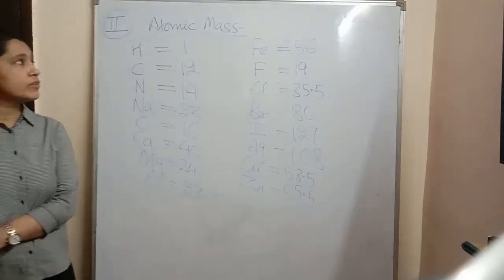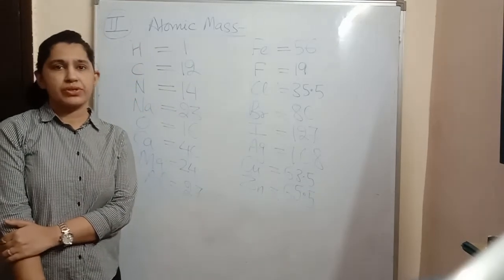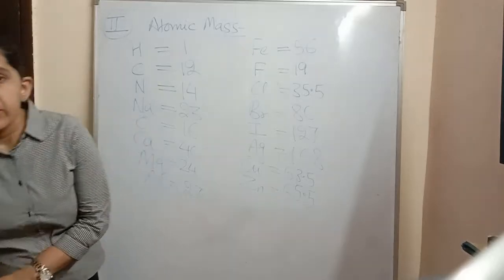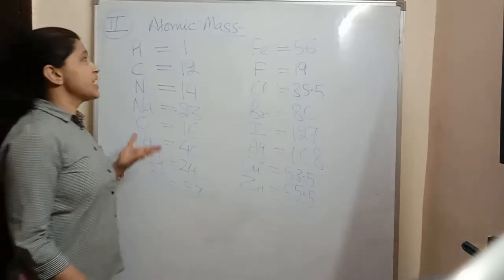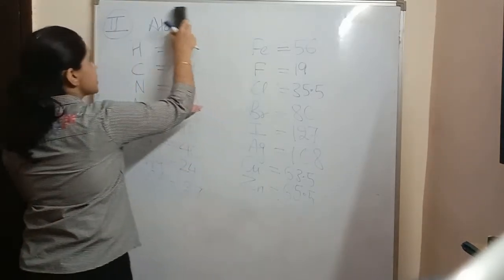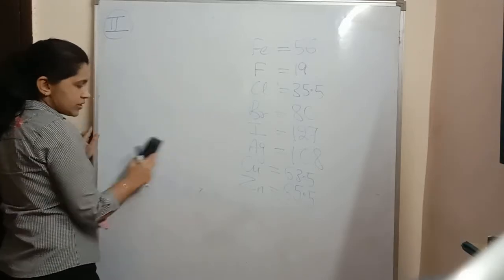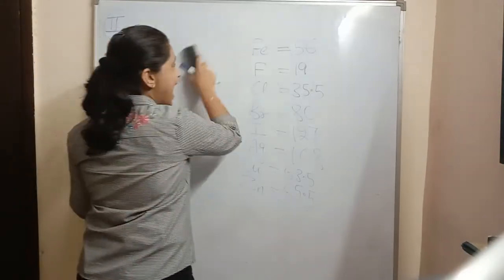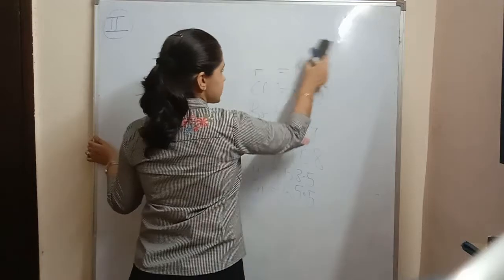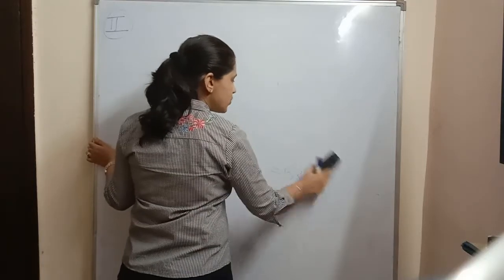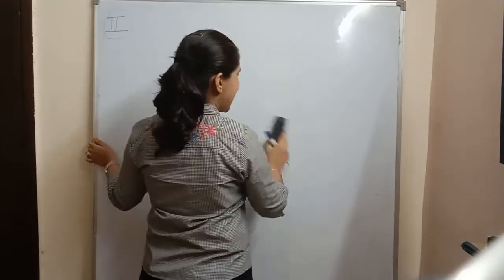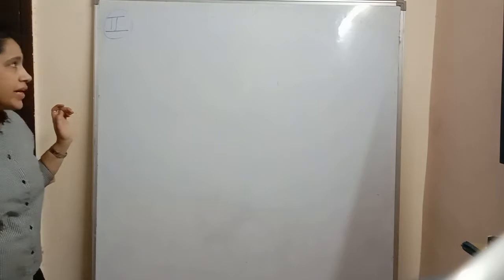So these are the few common atomic masses, right? Now for the mole concept, what we must know is the common names of the compounds, their formulas, and their molecular mass. For ionic compounds, the molecular mass is called formula mass, right?